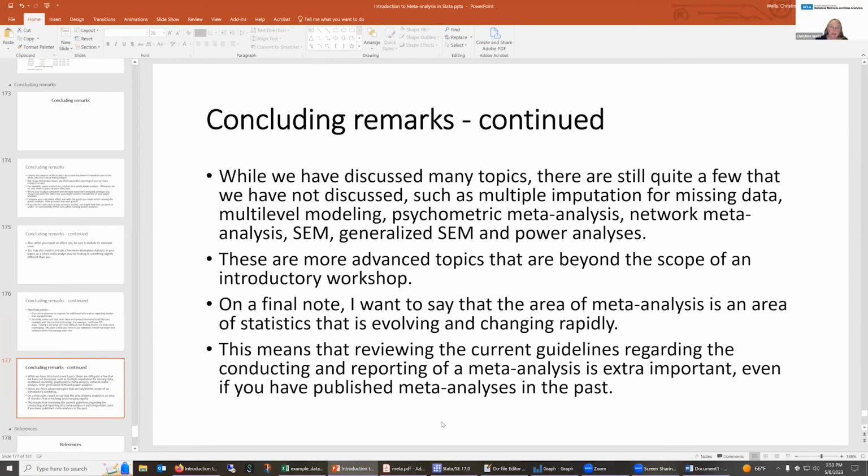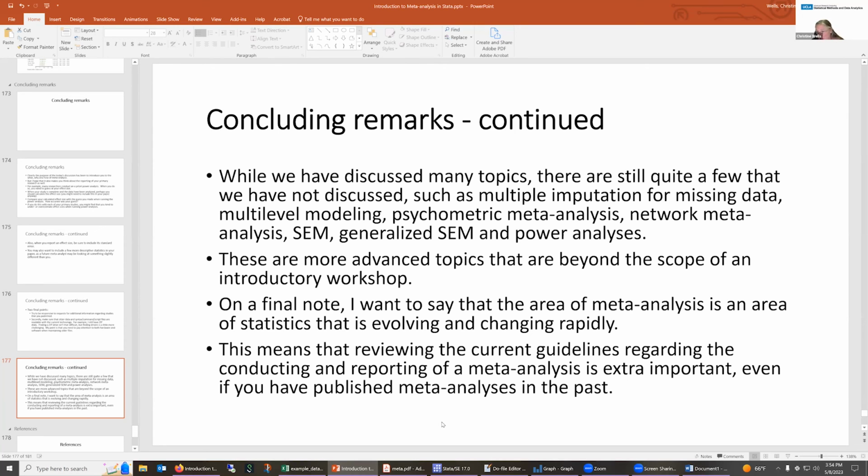We didn't discuss lots of the topics that we could have, including multiple imputation, multi-level modeling, psychometric meta-analysis, network meta-analysis, SEM. Oh my gosh, there's just so much stuff here. Lots of great stuff that can be taken beyond this. But those advanced topics are beyond the scope of the workshop.